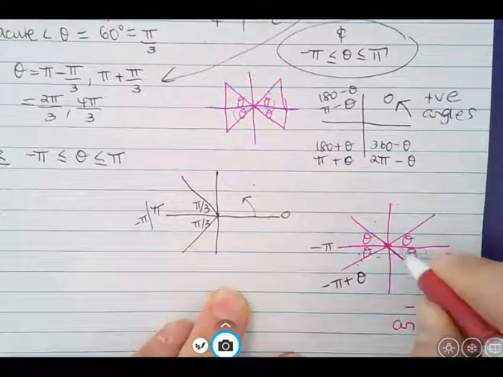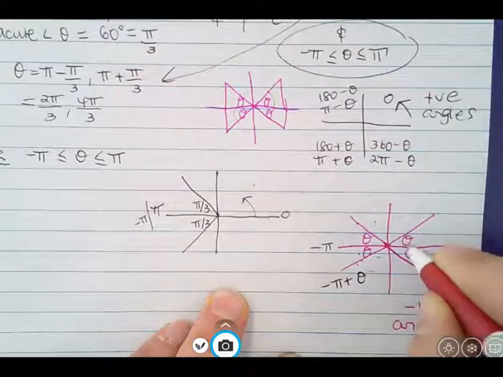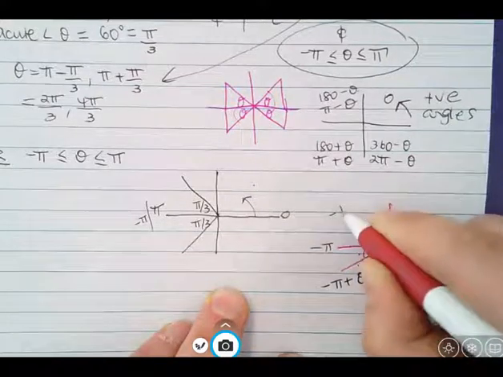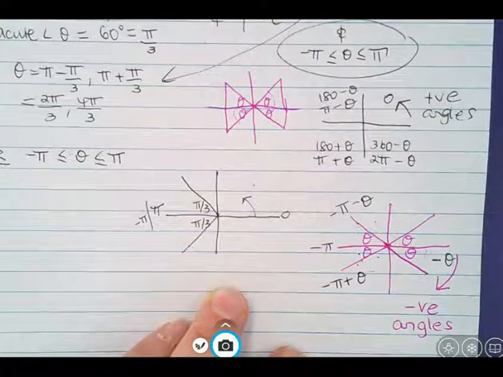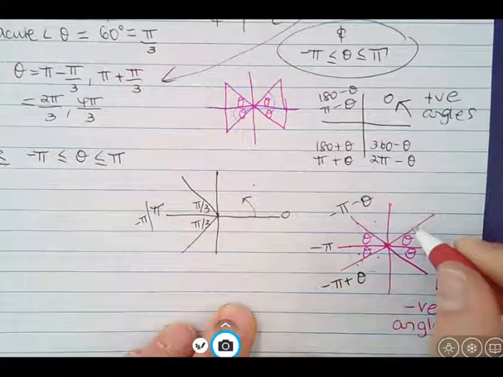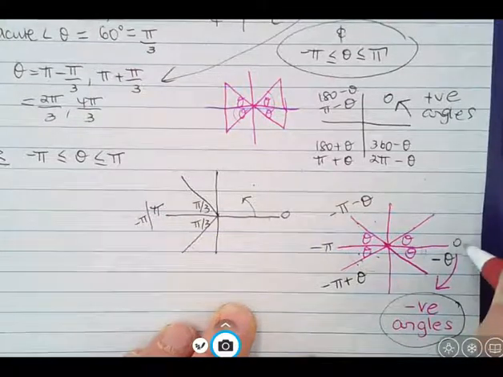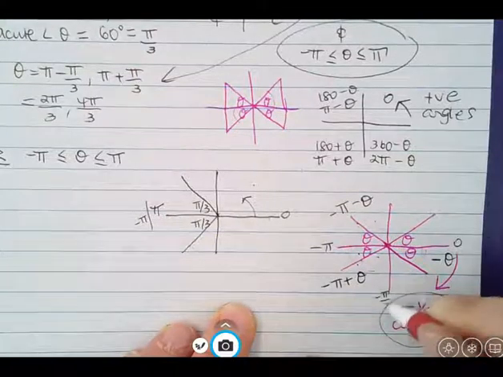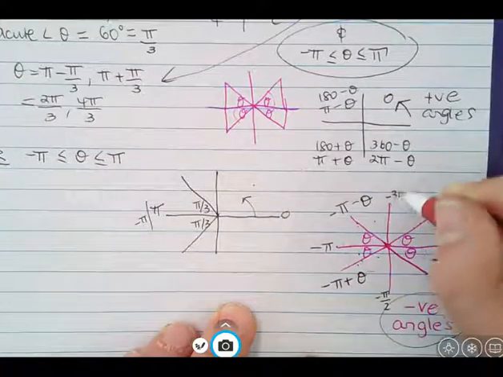If you have to go all the way to there, it's negative pi, and I'm still going in the same direction. Negative pi minus theta is this one. It's better to do it with numbers in a minute, right? And if I want to get all the way round to this angle, so this is how you name negative angles. You've got 0, negative 90, negative 180, negative 270.